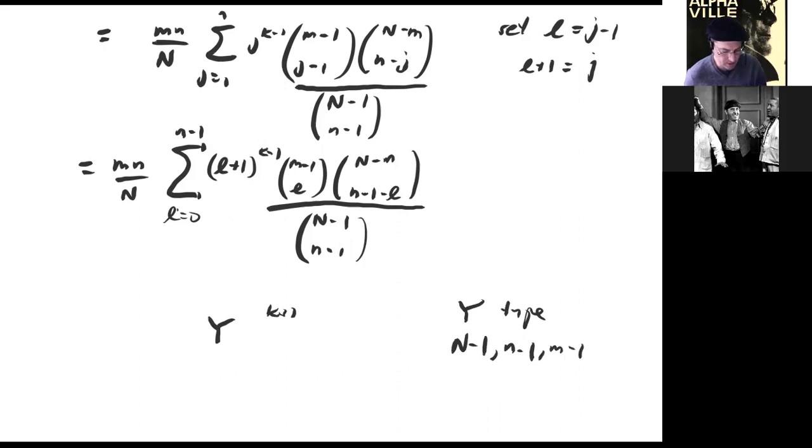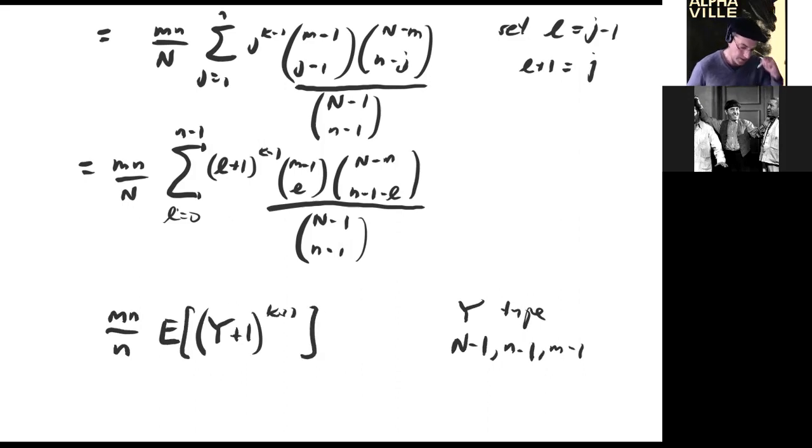But it's not that because we have this l plus 1. So to correct for that, we put the 1 over here, and we get mn over N times the expected value of that expression. Okay, so let me summarize what I've done so far.